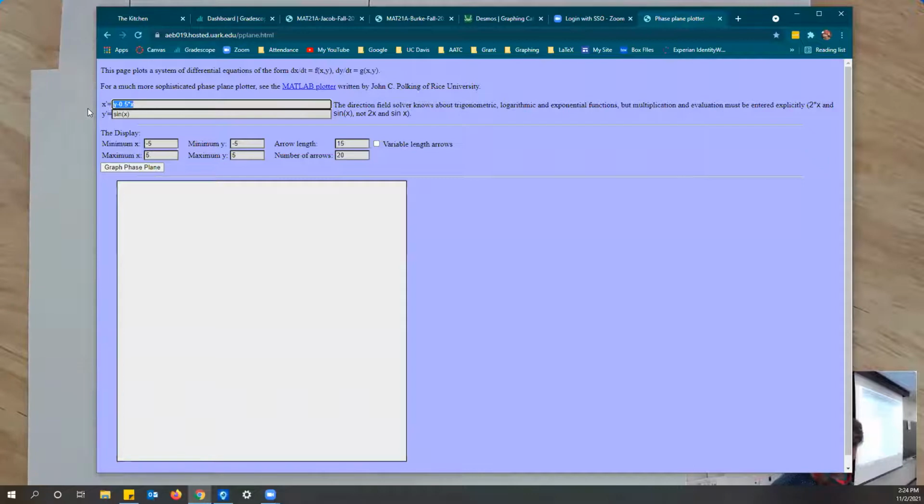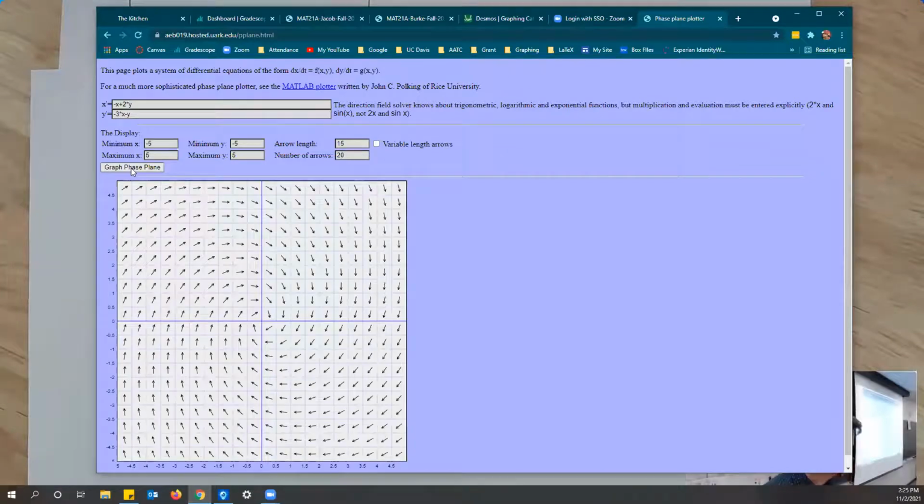We had negative x plus 2y, and we had negative 3x minus y. Graph it. So you can kind of see the spiraliness of it.